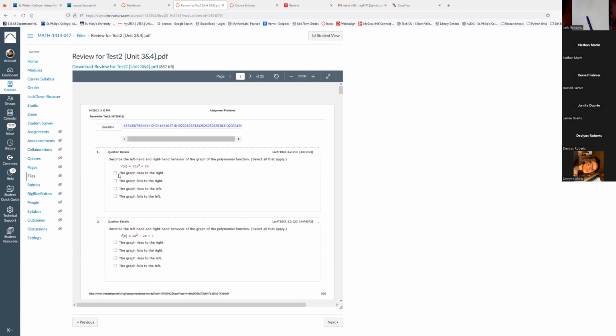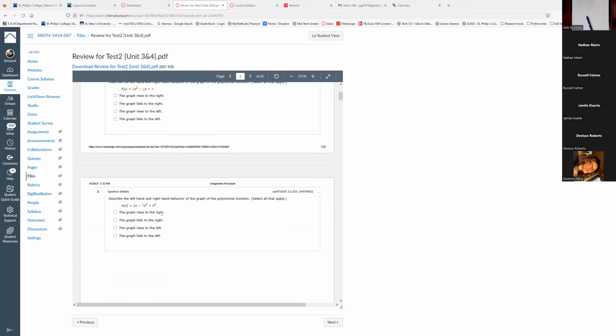It's going to be first and last for this guy. There's just a set of rules to remember. If it's even, you look at the number. If it's positive, they're both going to be facing upward, so it rises on the right and the left.